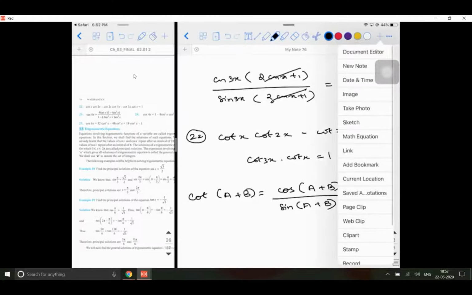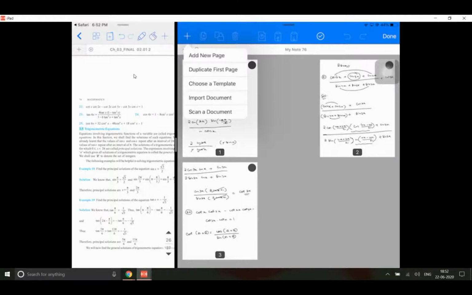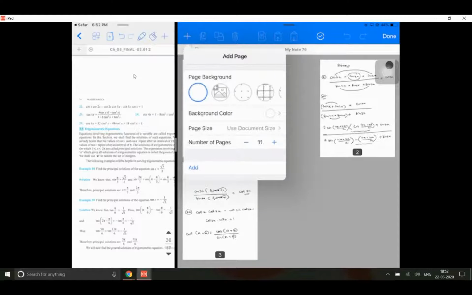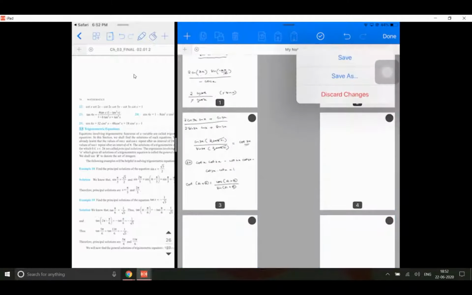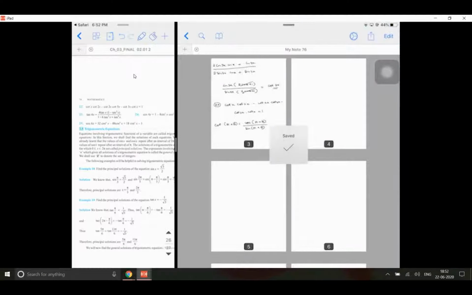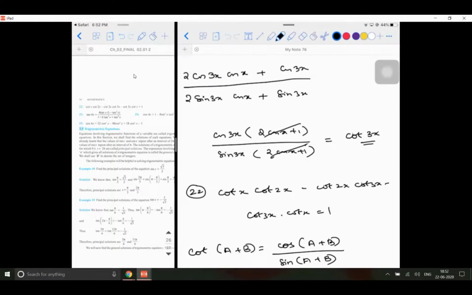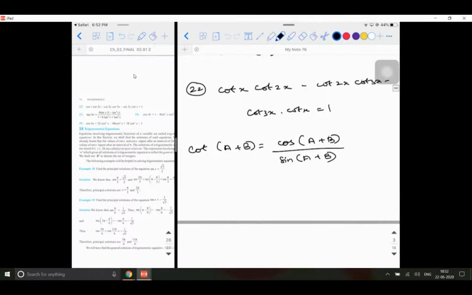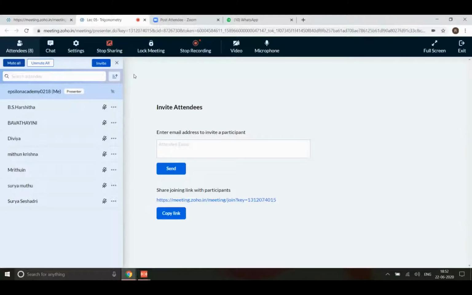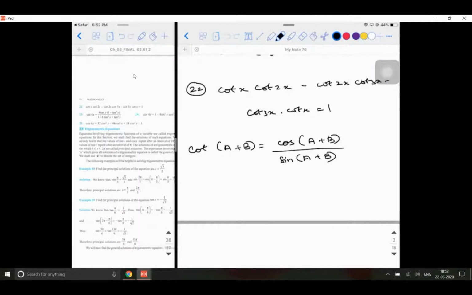Now tell me one thing, what is the expansion of cos of (a plus b)? Harshita, can you tell me what is cos of (a plus b)? Cos A cos B minus sin A sin B. Good.